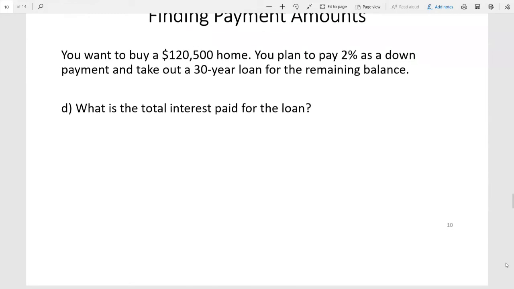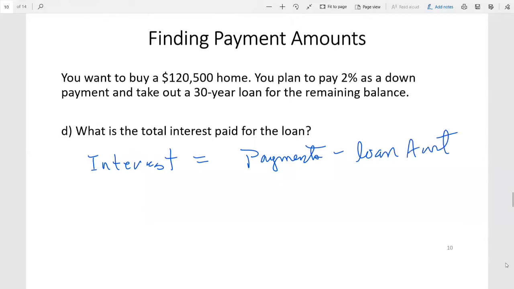What is the total interest paid for the loan? The interest is going to be the total payments minus the loan amount, which is equal to 228,214.80 minus $118,090, which is how much you financed.